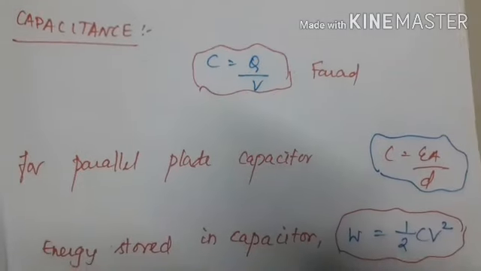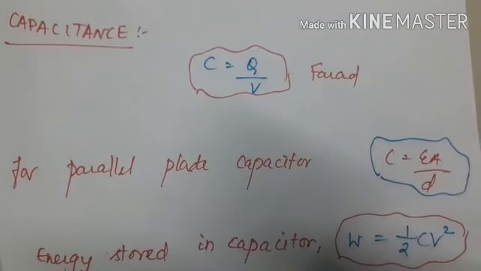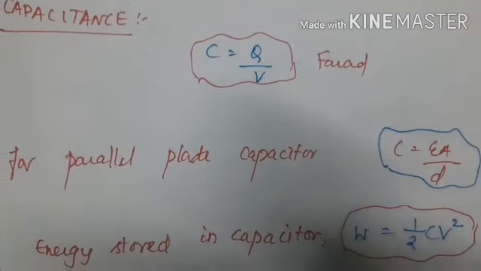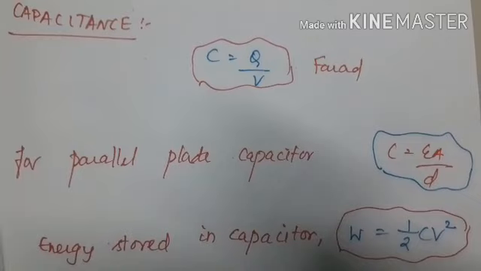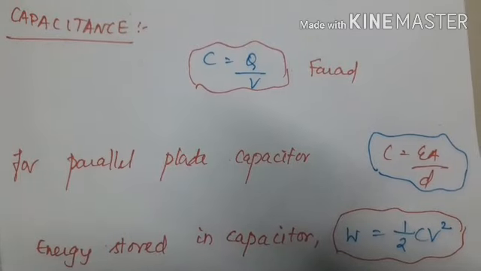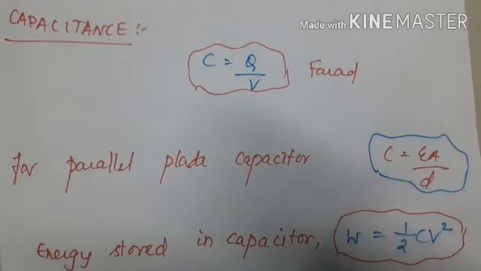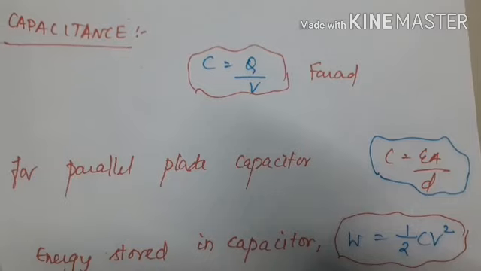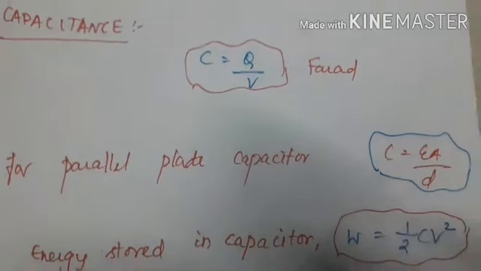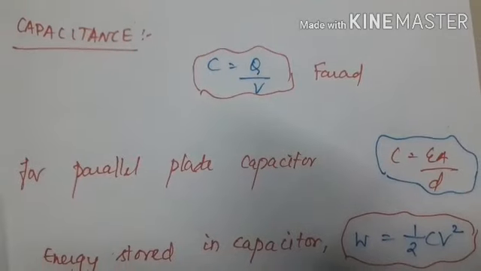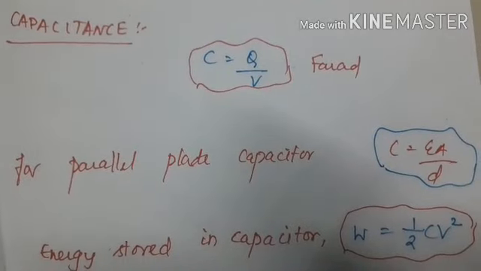For a parallel plate capacitor, we can say C is equal to epsilon A by D. Generally, we can calculate the energy stored in the capacitor by using the formula W is equal to half CV squared. This formula is very important, to calculate the energy stored in the capacitor.